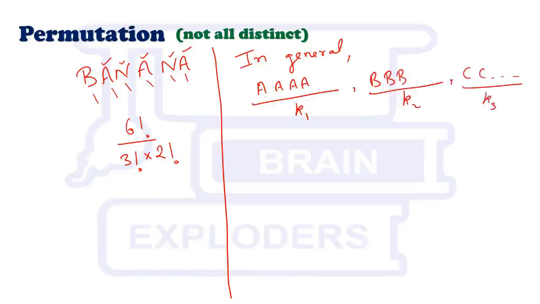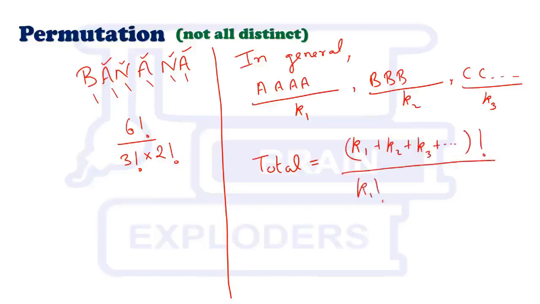So the total number of permutations is equal to (k1 plus k2 plus k3 and so on, meaning the total number of given objects) factorial over k1 factorial times k2 factorial times k3 factorial and so on.